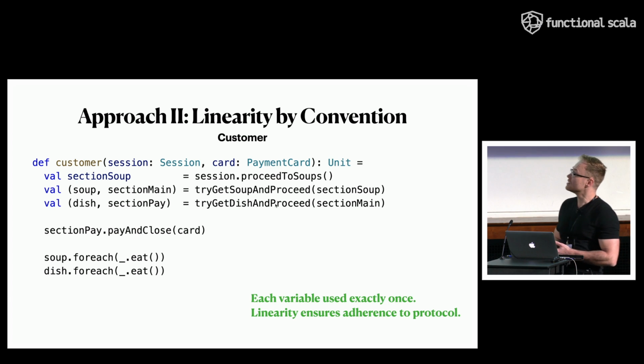How? Let me illustrate. Say if we were not to pay, that would mean this section pay variable would remain unused, which is a violation of this linearity property. Or getting items in the wrong order would mean we consume section soup twice, once to even get to the main stage, and once when asking for soup.